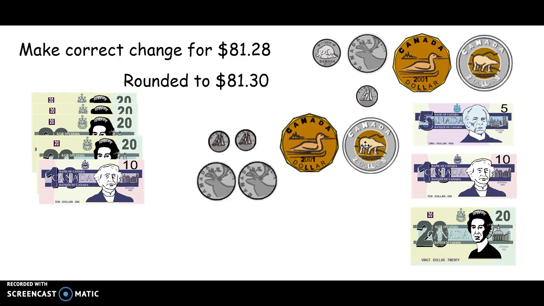If we add on $1 and $2, we are now at $85. Now it's just 5 extra dollars and we arrive at $90, which was again the amount that we paid. So the total amount of change that we receive on this transaction will be $8.70.